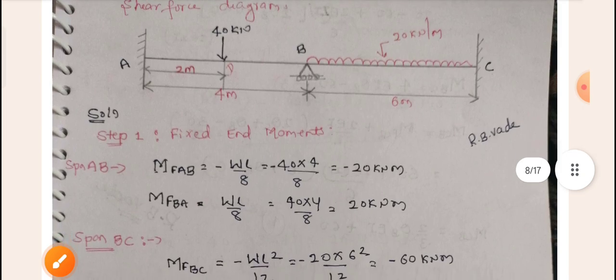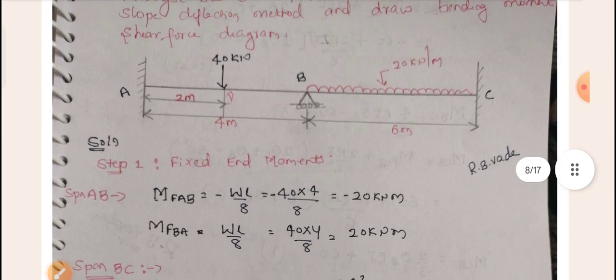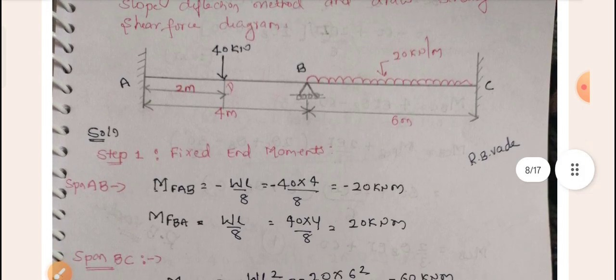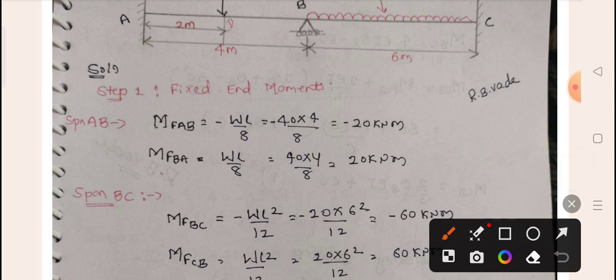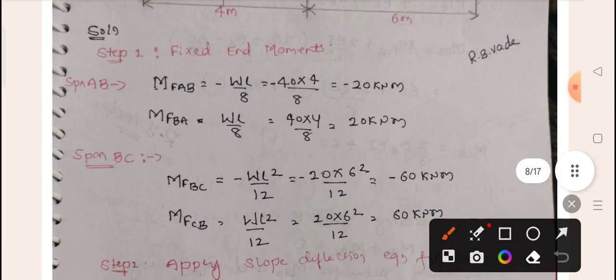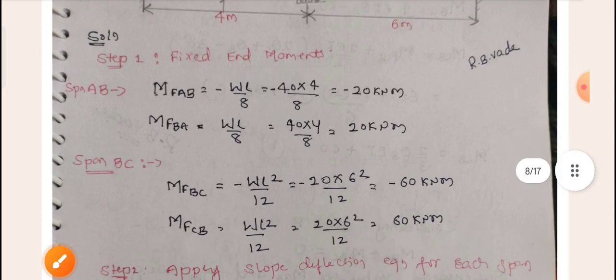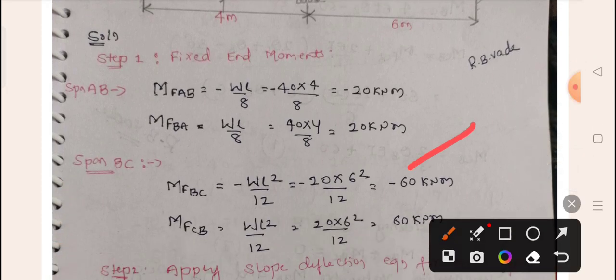Same thing for the UDL. What is the formula for UDL? If you remember, it is minus WL square by 12. What is the value of W, the intensity of loading in this case? That is 20. So 20 into L, the span, which is 6 meter: 20 into 6 square divided by 12.